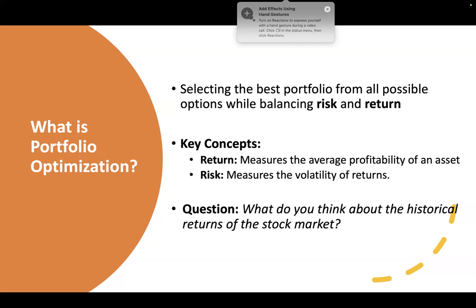What do you think about the historical returns of the stock market? So the historical return of stock markets, if we go all the way back to 1926 to 2025, so for 100 years, which includes even the 1929 market crash, it's around 12% if we include the dividends, yes? 10% maybe without dividends.